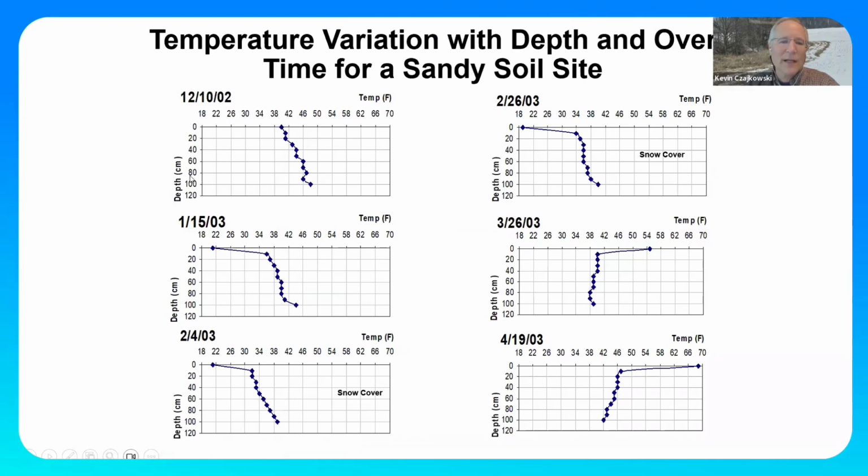The depth is on the y-axis, and it goes from 0 at the surface down to 100 centimeters, so a meter. And then we have the dates here, December 1st, 2002 through, was it April 19th, 2003. And you can see how the temperature changed, whereas at the surface, it gets really cold.